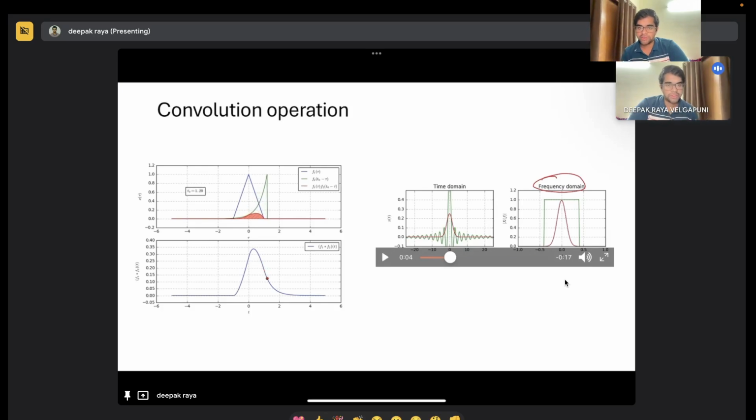You have a Gaussian kind of function here. I didn't discuss the Fourier transform of a Gaussian function. The Fourier transform of a Gaussian function is nothing but Gaussian itself. I will send some of the equations and visualizations of Fourier transforms of very standard functions. And for a square rectangle function, we have seen it's a sinc function, which is shown in green here.